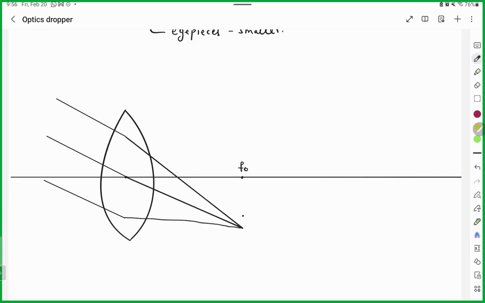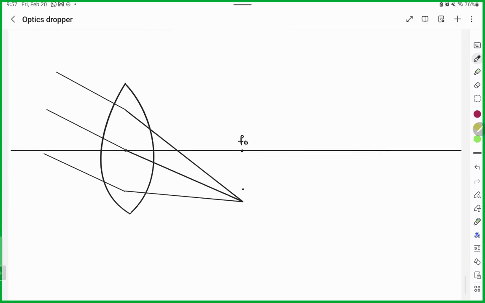Remember, you can never make this diagram properly in one page. There is always issue. So first thing, here you know your objective lens is bigger, and in this objective lens your object is placed at infinite.